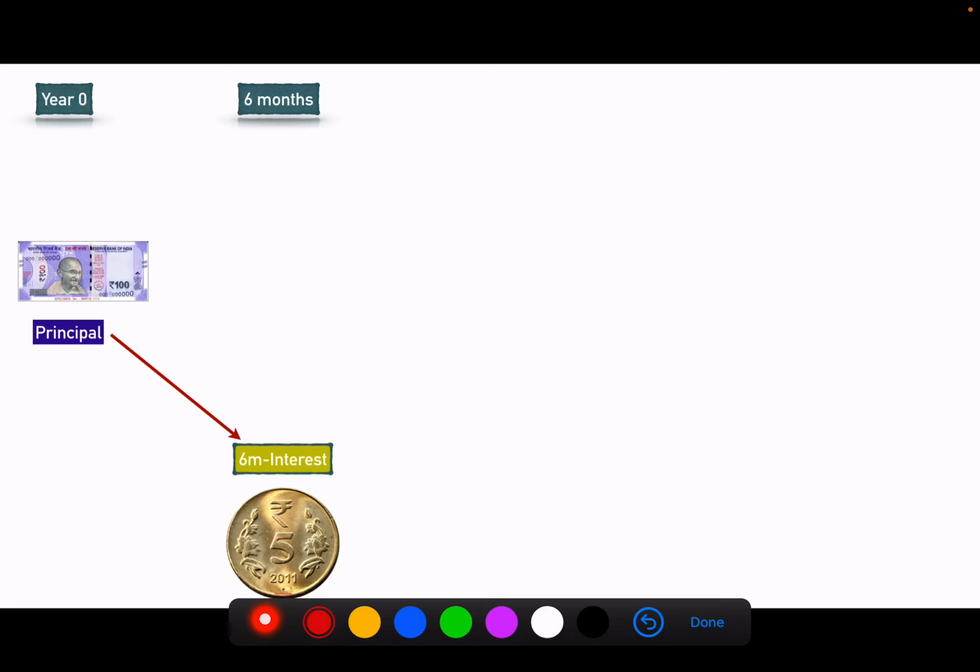Oh, just before that, we'll be looking at the tree diagram, how the amount of interest is obtained. So for 100 rupees, we'll be getting 10% interest for 6 months. So therefore, we'll be getting 5 rupees. Okay, this is how the interest of 5 rupees is worked out.